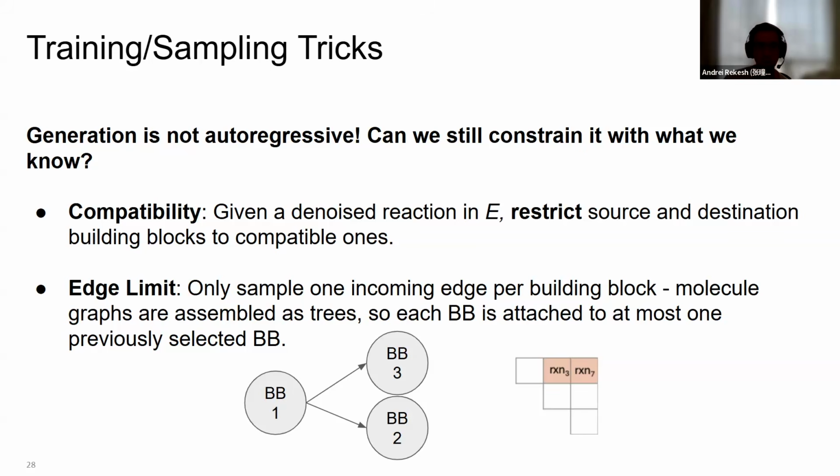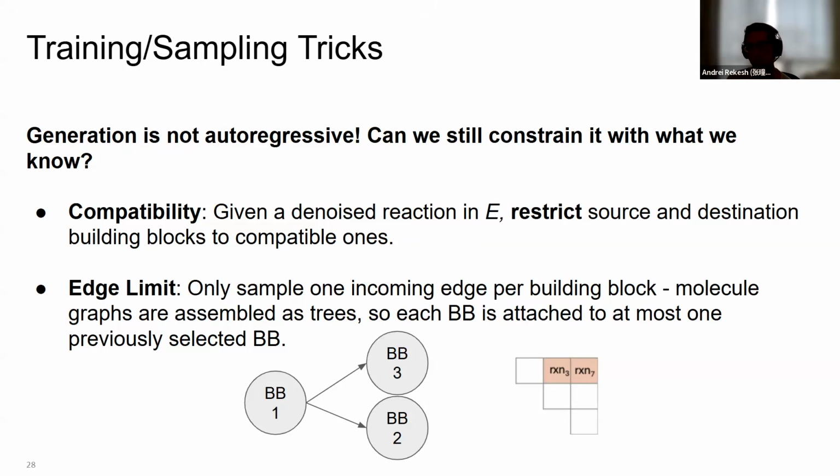Our surrogate for this is, given some denoised reaction or building block, let's say we denoise a reaction between building block 1 and 3, we now know that building blocks 1 and 3 have to correspond to the query that the reaction describes. So we can limit the reaction identities or the building block identities at building blocks 1 and 3 to only those that match that query. This is just a partial compatibility guarantee, but it works very, very well in increasing the validity when we ablate on it in our experiments.